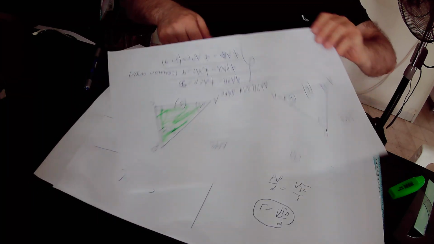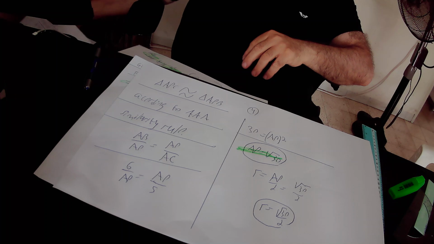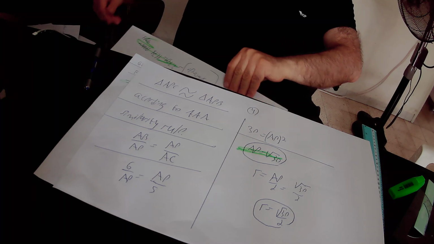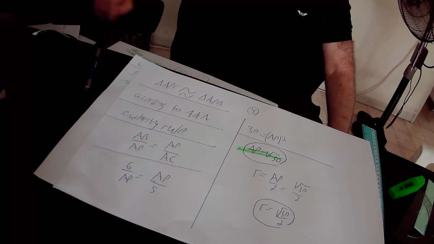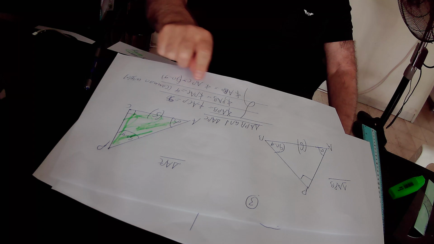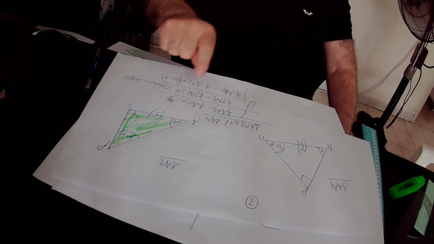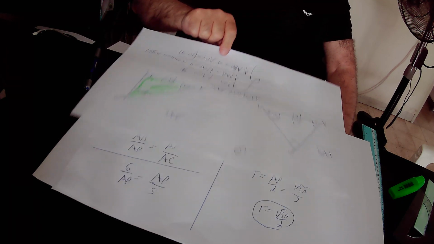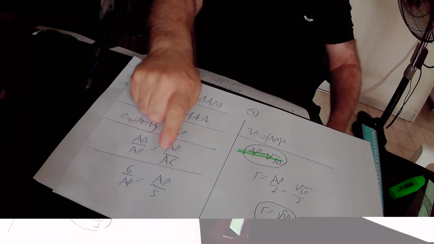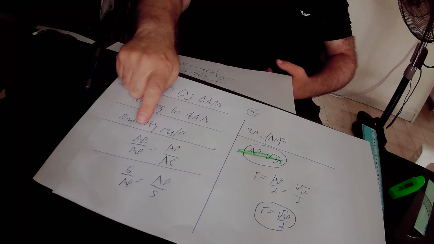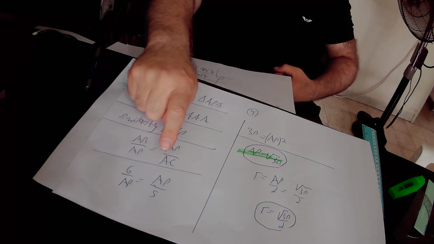I repeat again, AB over AP equals AP over AC. AB equals 6 units in its length, AC equals 5 units in its length. Therefore, this equation is 6 over AP equals AP over 5.